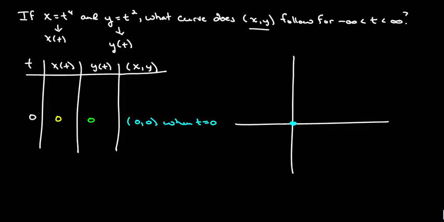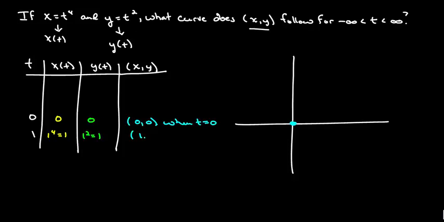Now I'm going to pick some different t values. Let's say t equals 1. Then x at 1 is 1 to the 4th, which is 1, and y is 1 squared, which is also 1.